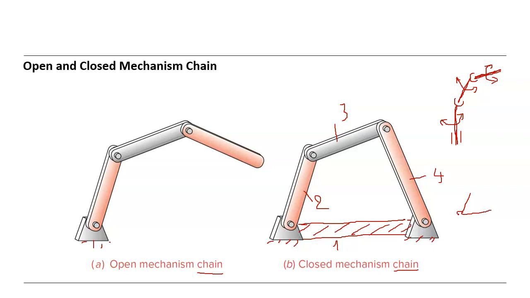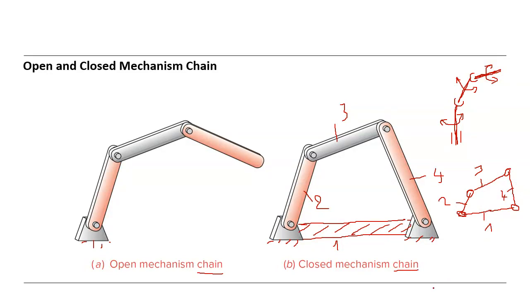If you have a 4-bar mechanism like this, a 4-bar system, and if we don't fix any one of them, this is 1, this is 2, this is 3, and this is 4.